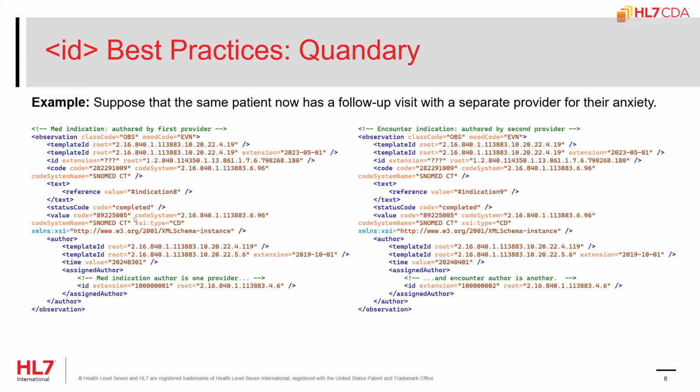Same value and everything, with the SNOMED code for anxiety over here. But one thing that could potentially happen is, who is the most appropriate author for each indication?